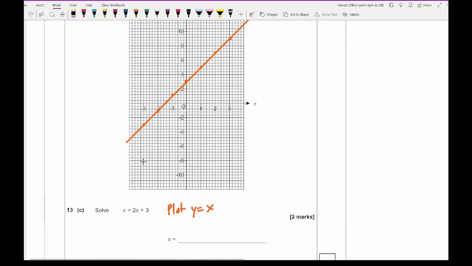if I find minus 2, minus 2, I might change that colour to a blue, and then I'm looking for 2, 2, which is there, and then I just need to extend this line.